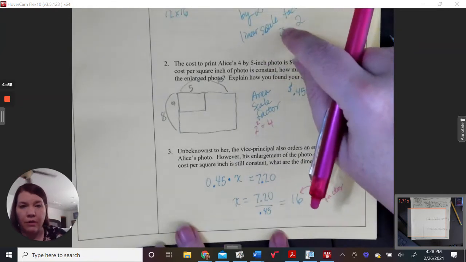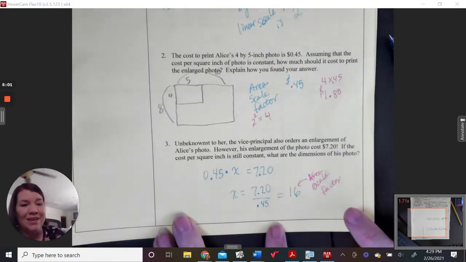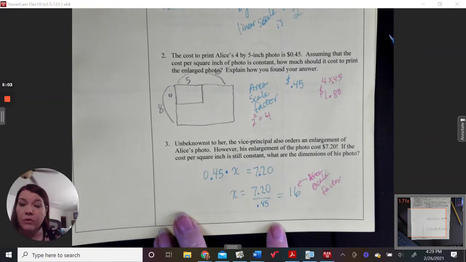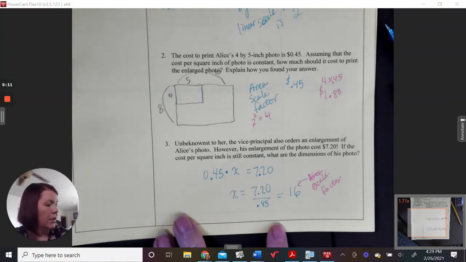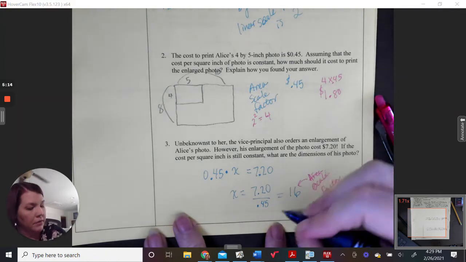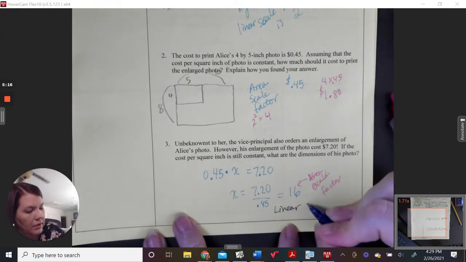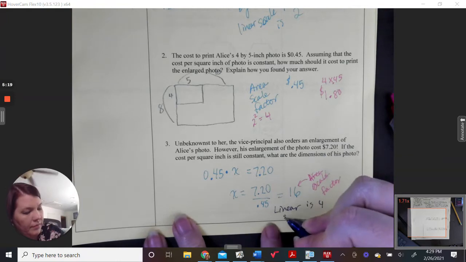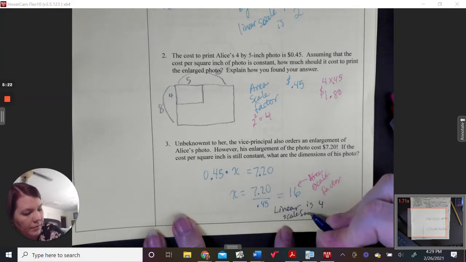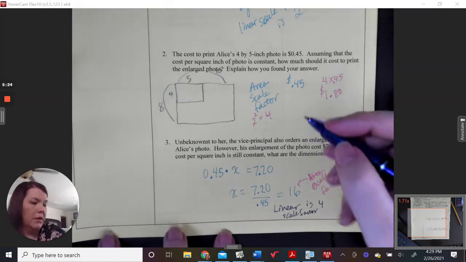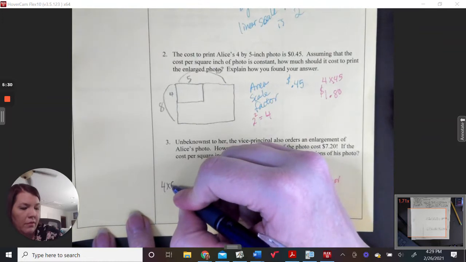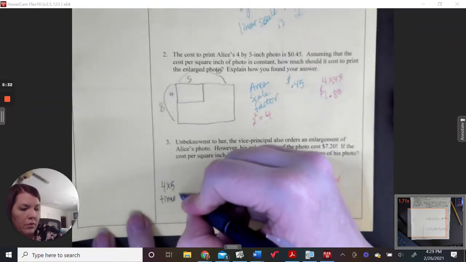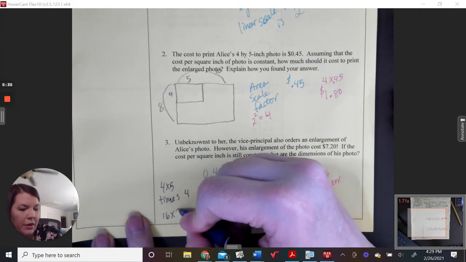To get from the area scale factor back to the linear scale factor, what should I do? That is correct. We're going to take the square root. And so my linear scale factor is 4. And so my dimensions must have been 4 times each original number, so 4 by 5 times 4 will be 16 by 20.